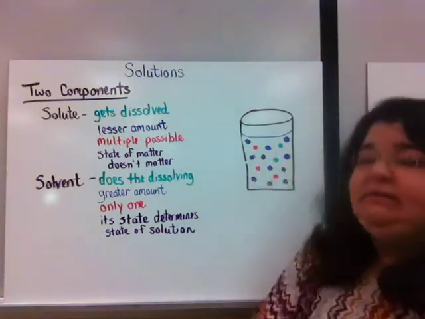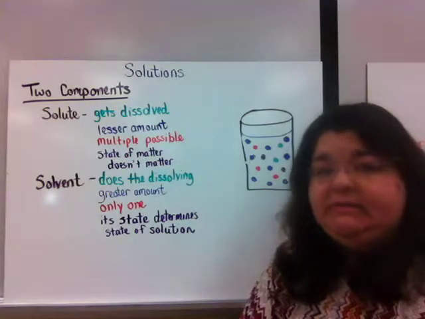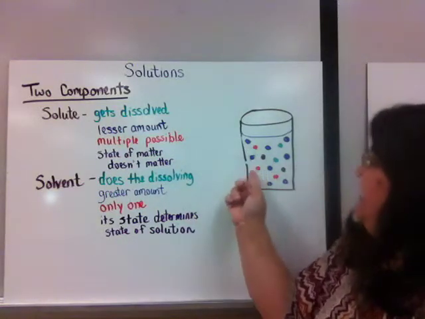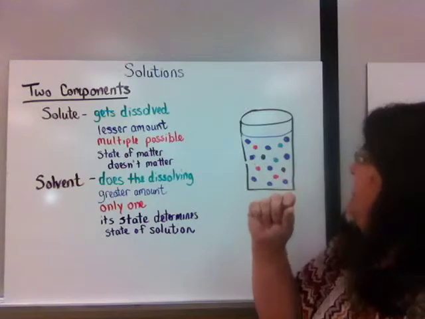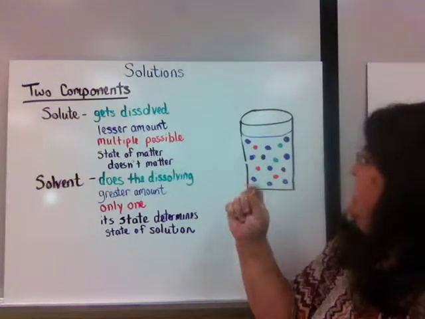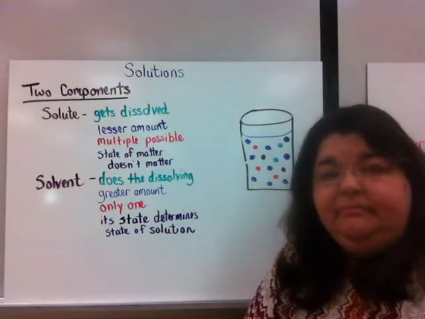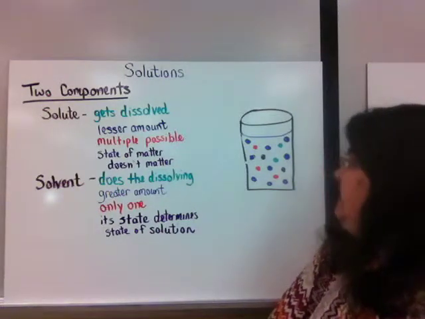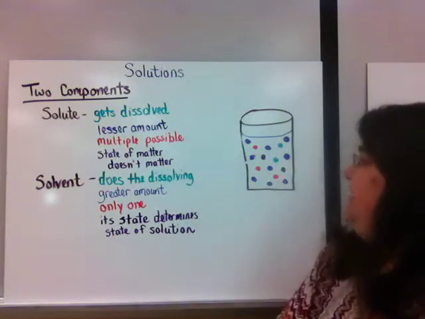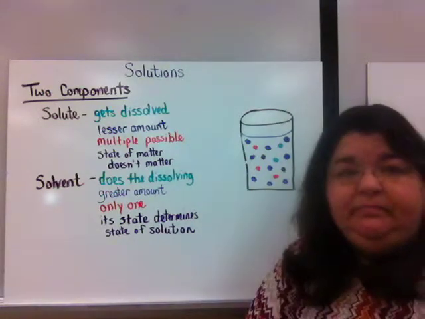Let's make the green dots the carbon dioxide because my Coke is not flat. So I have my syrup, and I have my carbon dioxide, and I have my caffeine in the water. So I have three solutes in here. The water is the solvent because I have more of those than I do anything else.